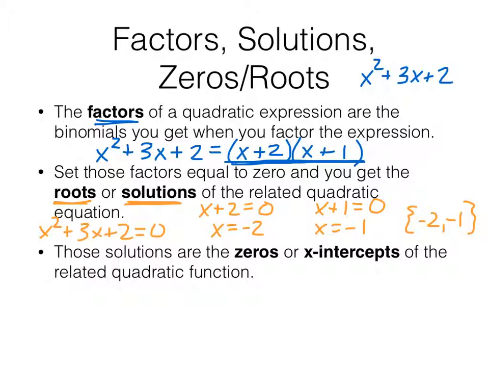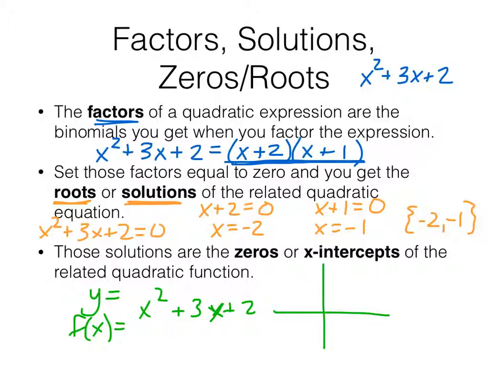So this would now be if I take the x squared plus 3x plus 2 and make it y equals, or f of x equals x squared plus 3x plus 2. If I graph it, this parabola would pass through, pretend that's -2 and that's -1, and those would be the x-intercepts of the related quadratic function.